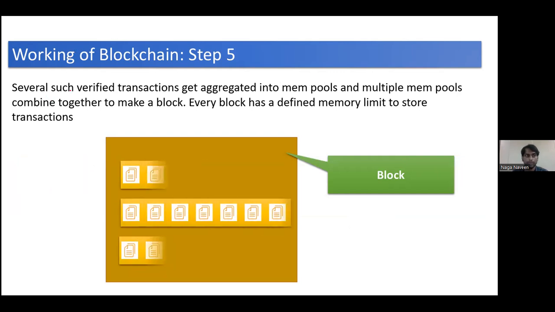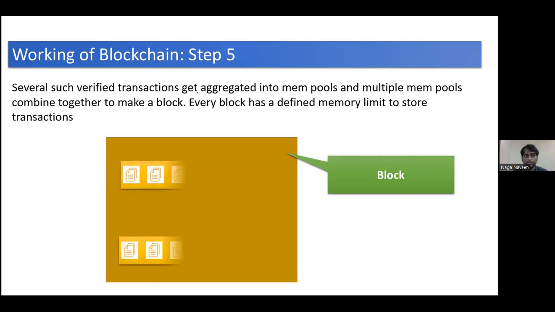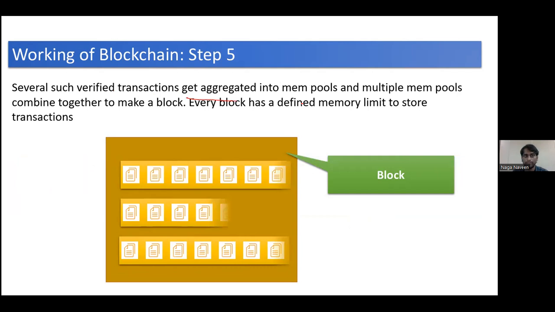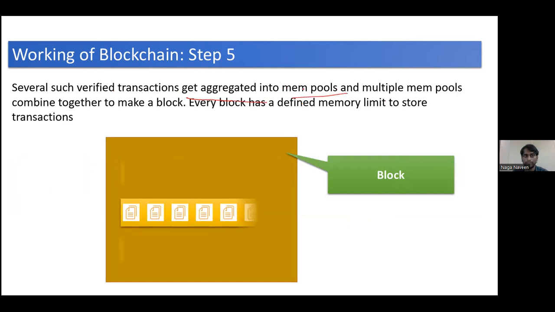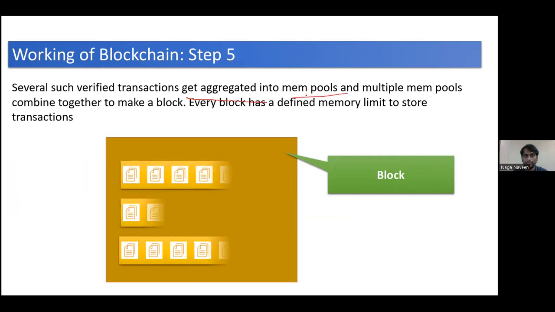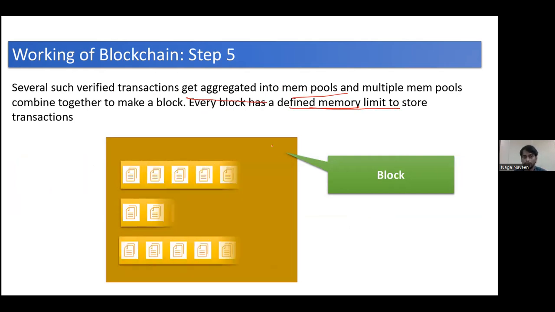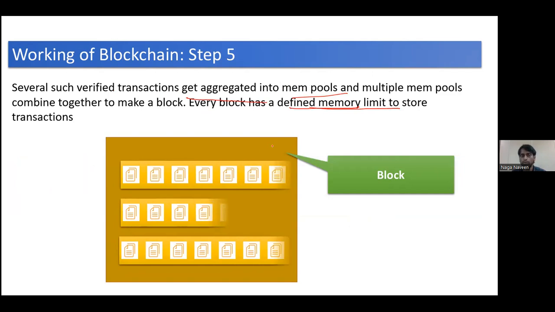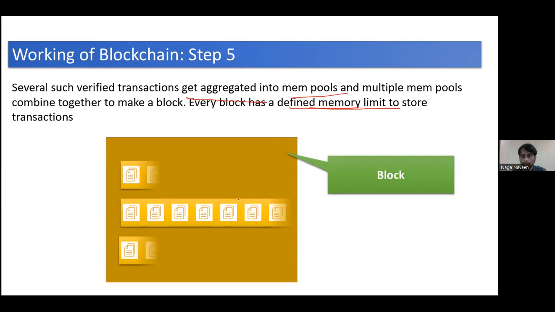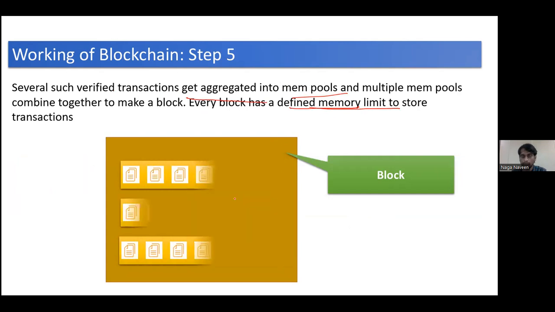When several such verified transactions get aggregated into mempools, multiple mempools combine together to make a block. Because every block has a defined memory limit to store transactions, once that limit is reached, we can say that sufficient memory to create a block has come. Now we are able to move further.